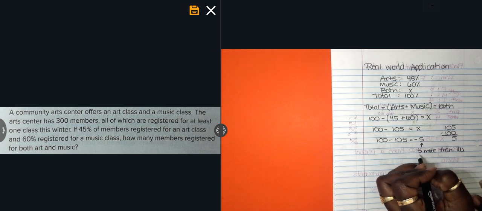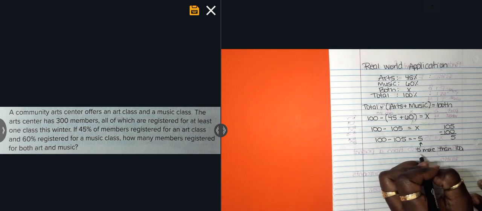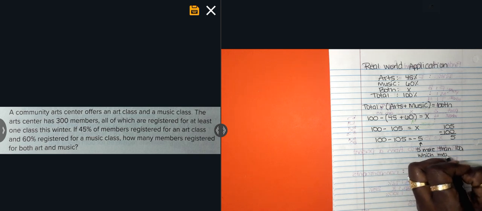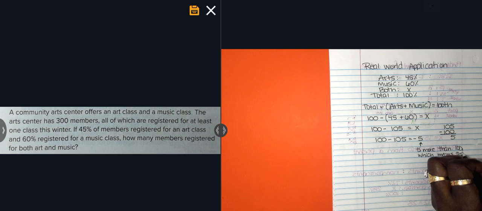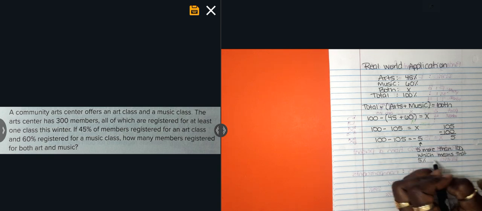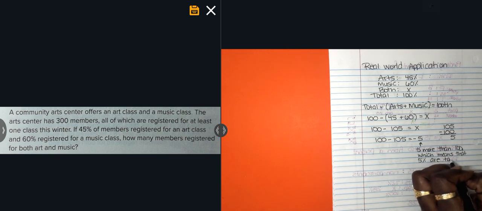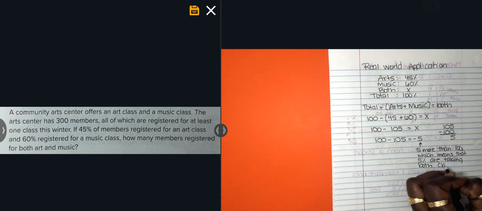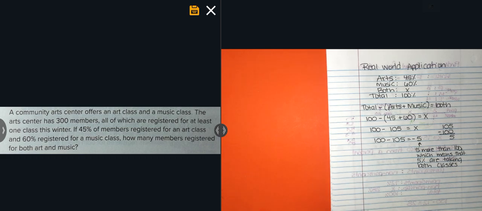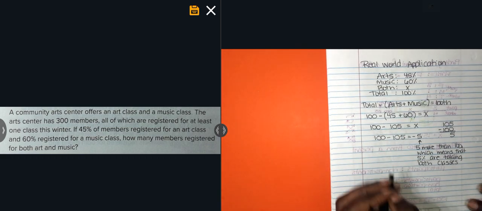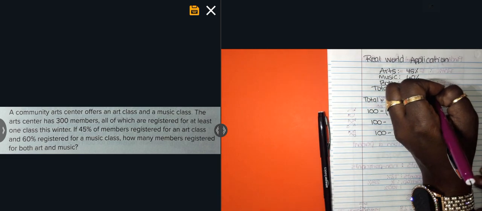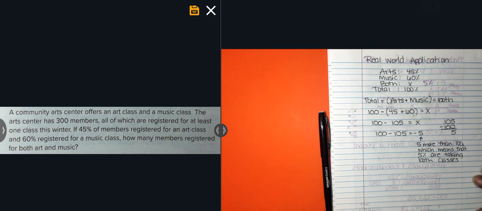And so what this means is that 5% are taking both classes. All right. So here we have 5% taking both classes, and so 5% are taking both classes. So I'll put that 5 up there.